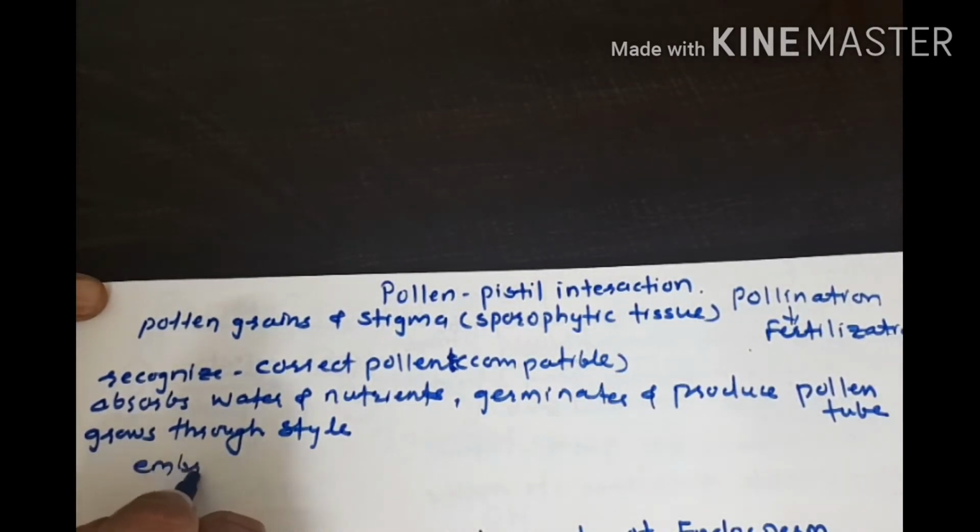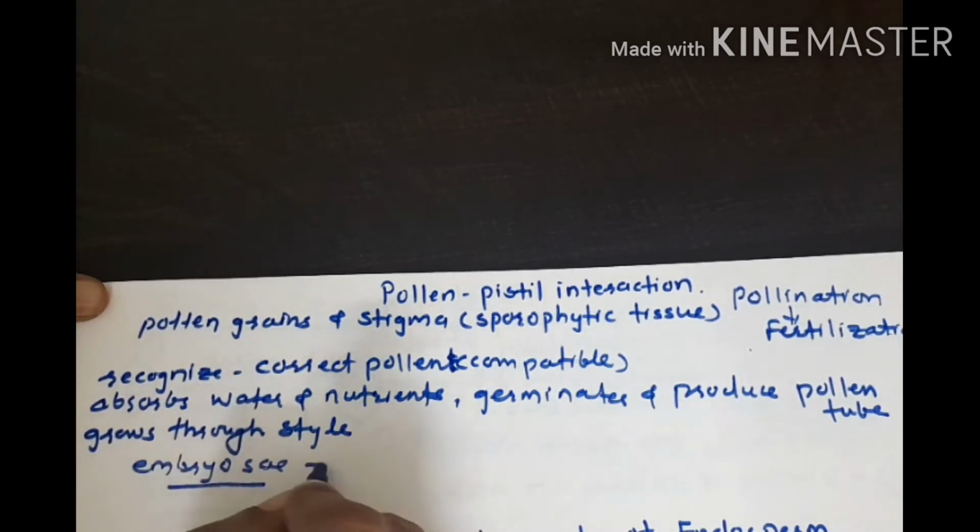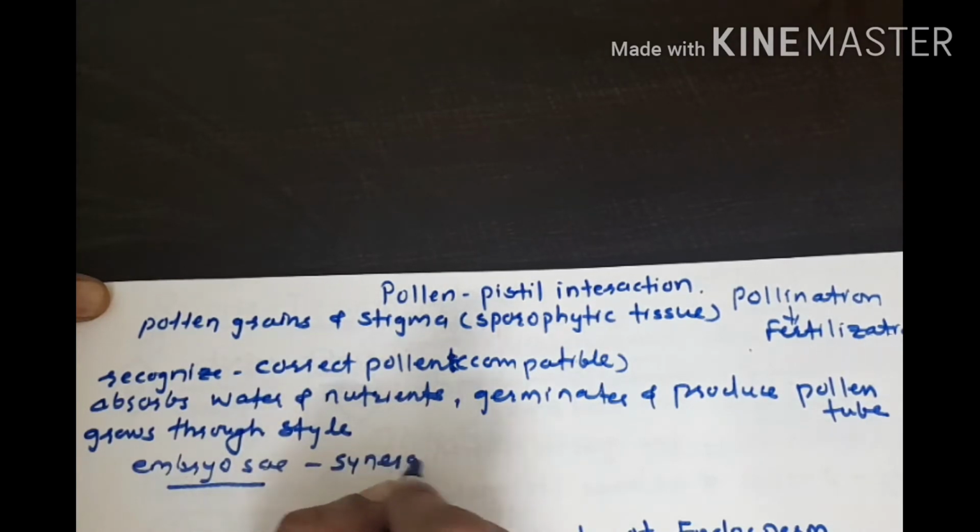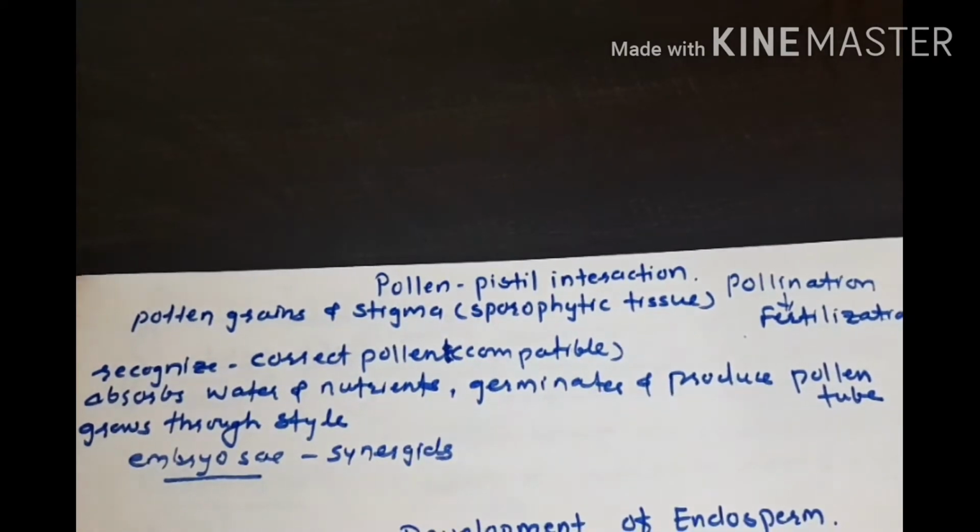Where does the pollen tube reach? The embryo sac, where it enters one of the synergids and bursts, and the two male gametes of the pollen tube become free.